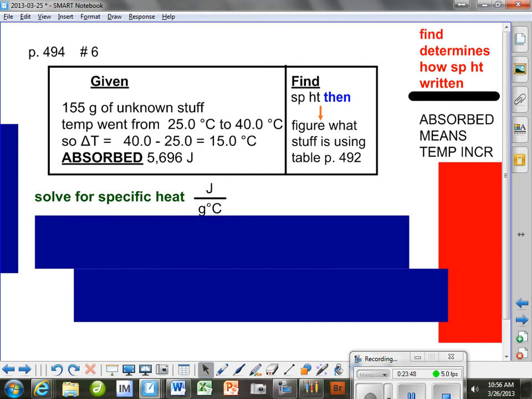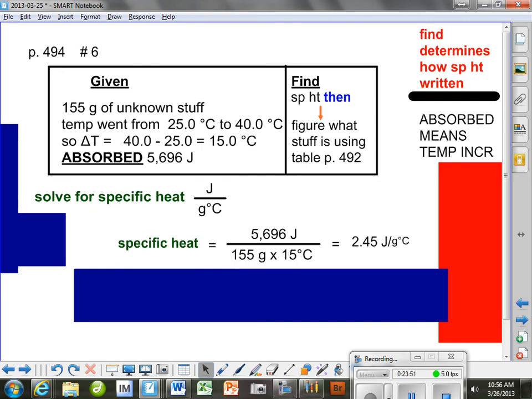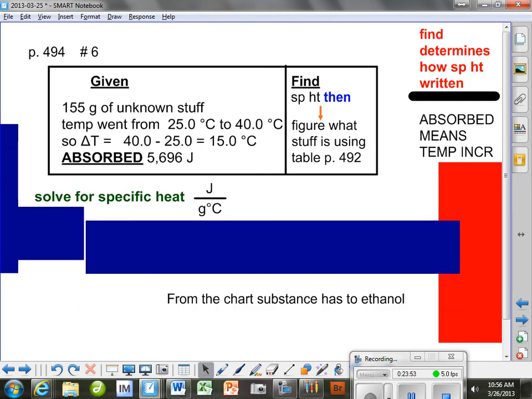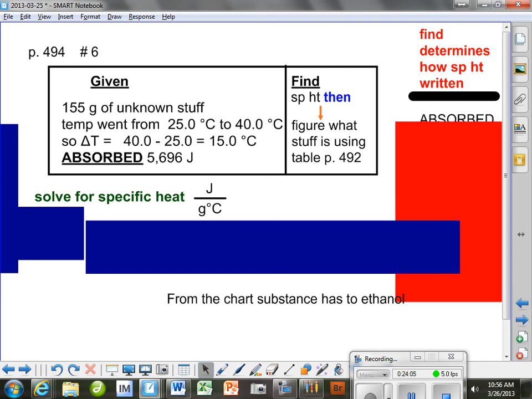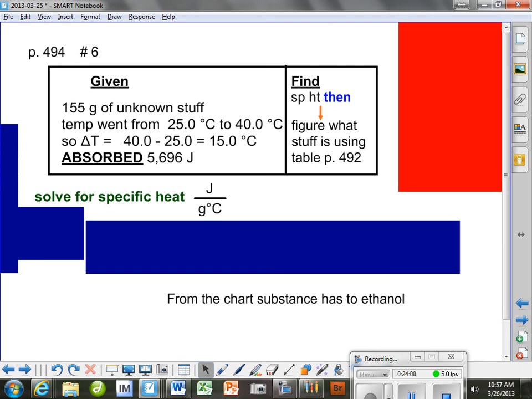So you are going to solve for specific heat, which has those units of measure. So that tells you where everything is going to go, doesn't it? And the absorbed, again, means increase. Both of those pieces of information are not critical to do this calculation, but they're good to know.